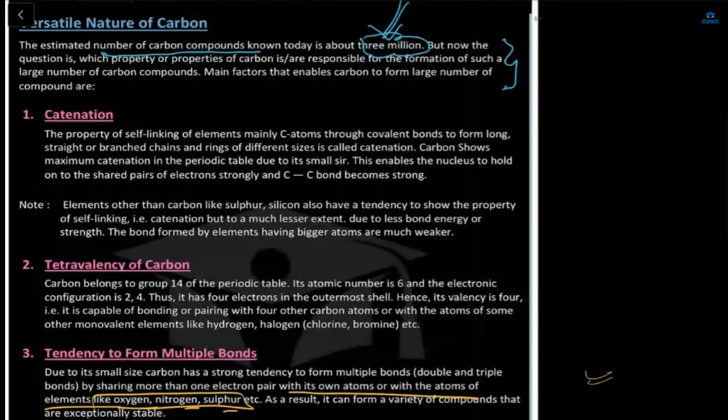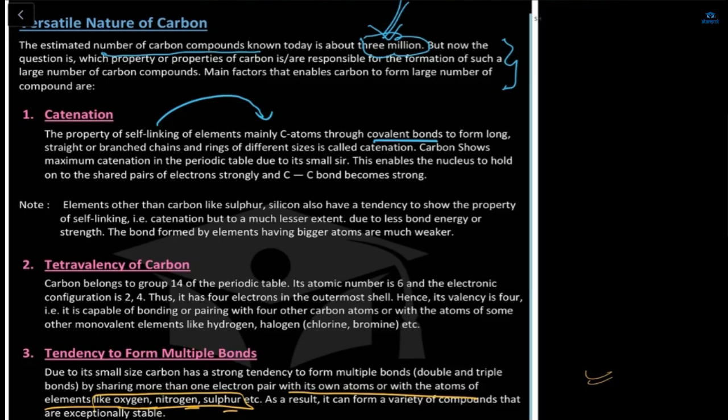And what is catenation? Ridhima, you must have studied it in class 9. Catenation is a property of self-linking of elements with carbon atoms through covalent bonds. Why?